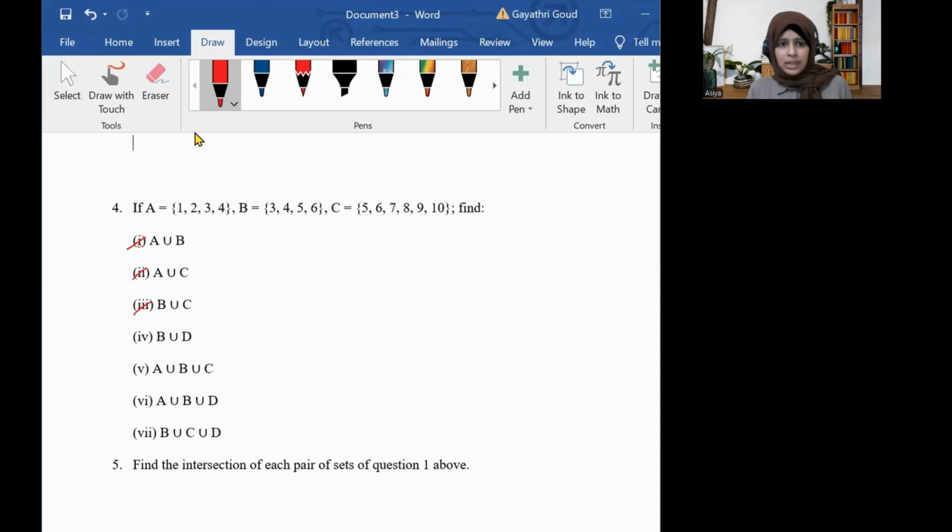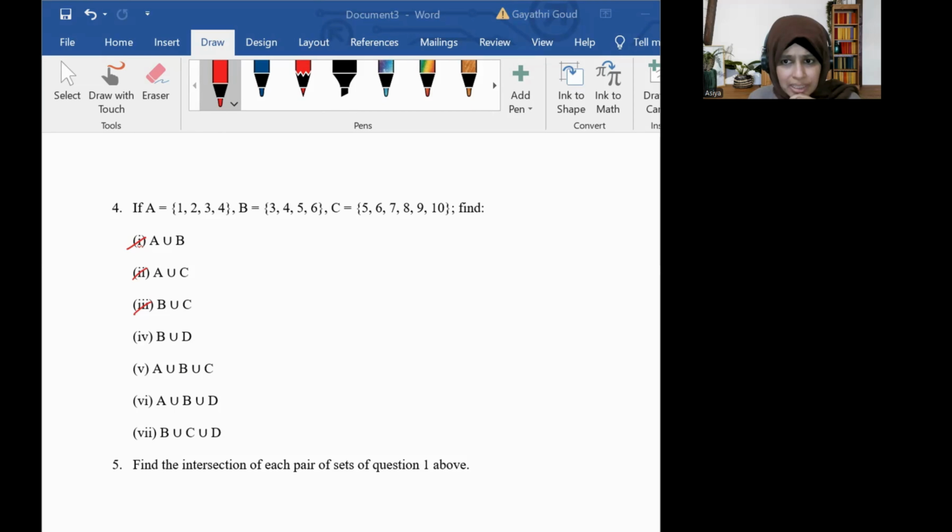B union D. Oh my God, D is missing here. So I think I have missed out on the question again. Let me see what exactly the question is. The fourth one says C is 5, 6, 7, 8. No, there is some error in the question.